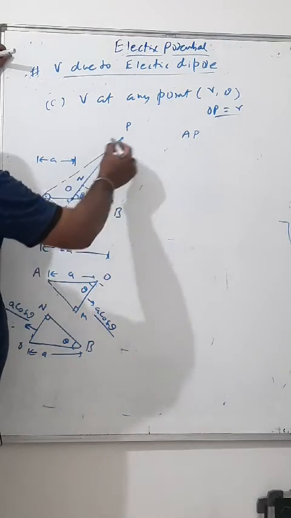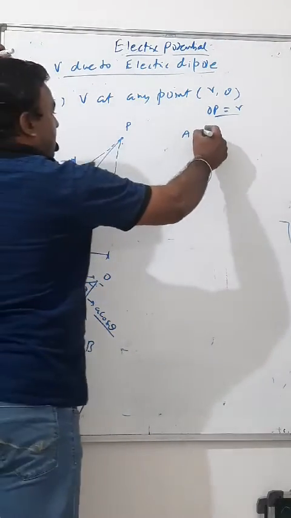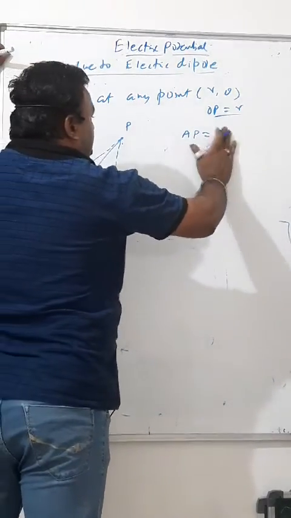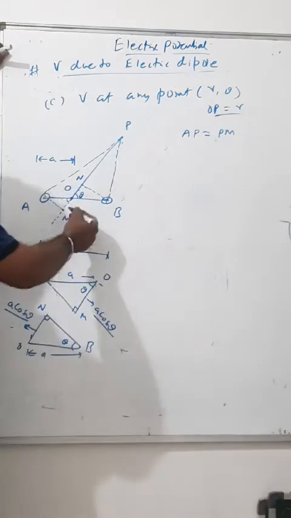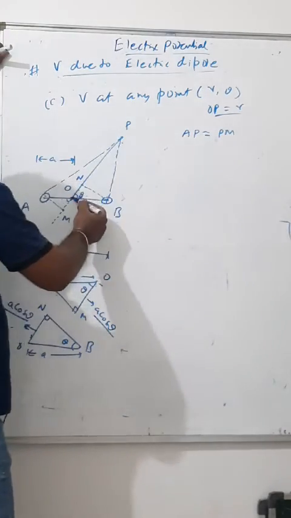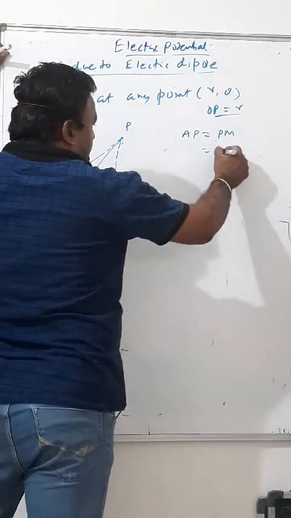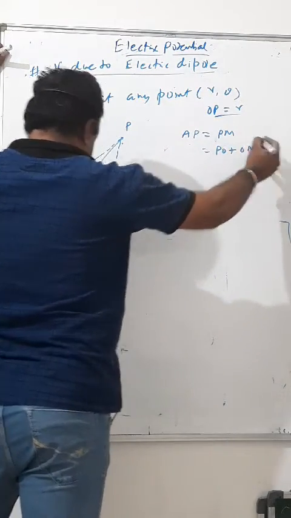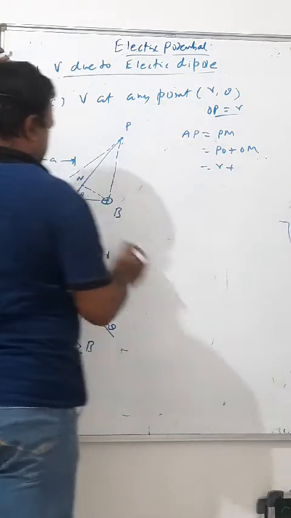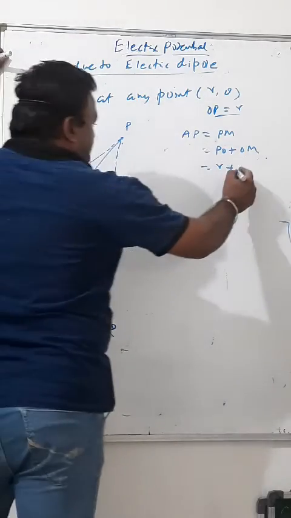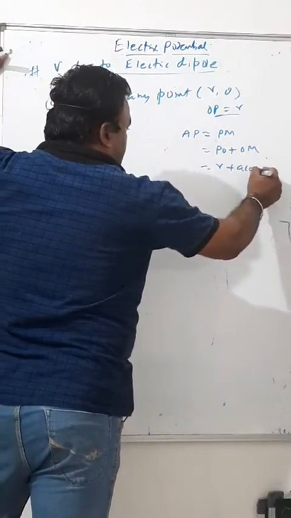Look, AP is approximately equal to PM. PM is PO plus OM. PO is R, OM is A cos theta.